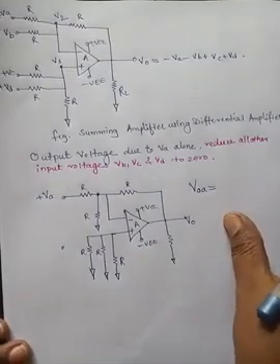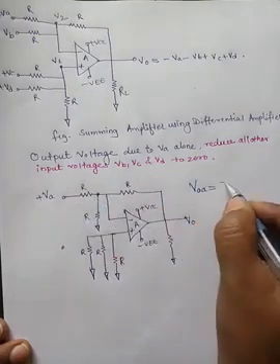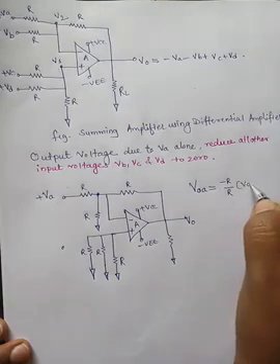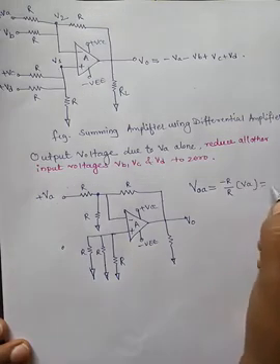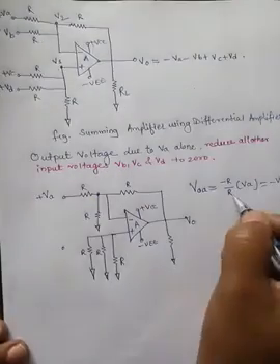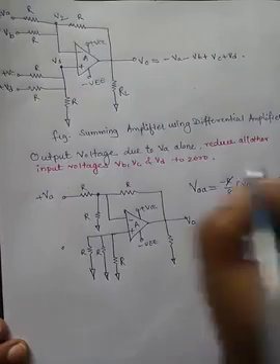The output voltage of the inverting amplifier is minus RF by R1 into the input voltage VA, or simply minus VA, as the R will cancel out. Make this equation number 1.